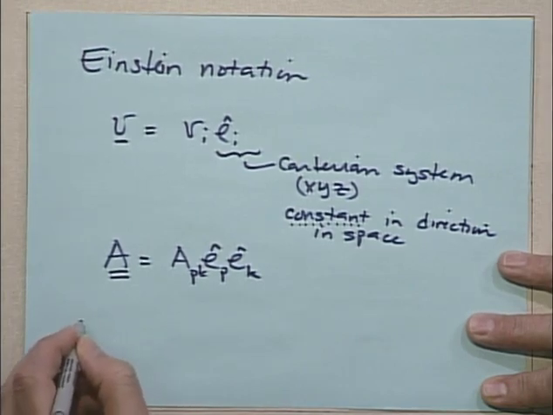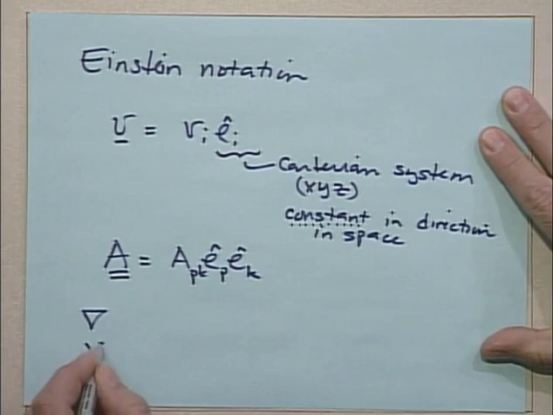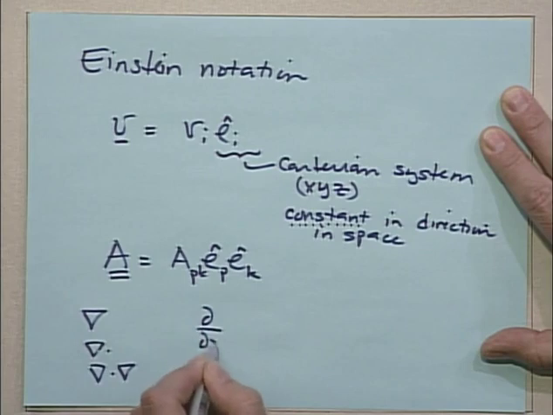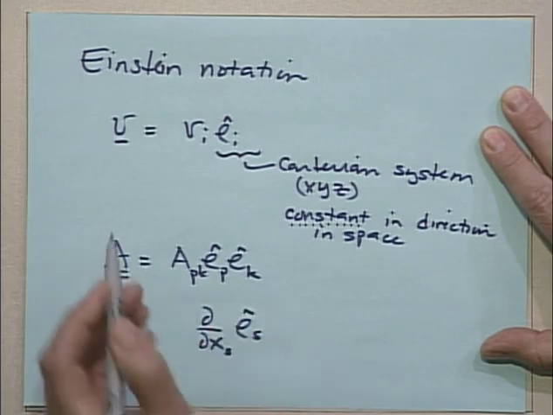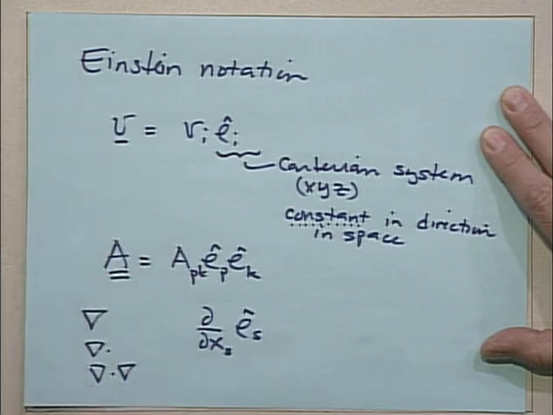And then, of course, the del operator. The del operator can be del, or del dot, or del dot del, the 3 versions, but they all operate the same within Einstein notation. It's d by dx_s e_s. And then from there on, you put your vector or your tensor next to it and carry out the operations.